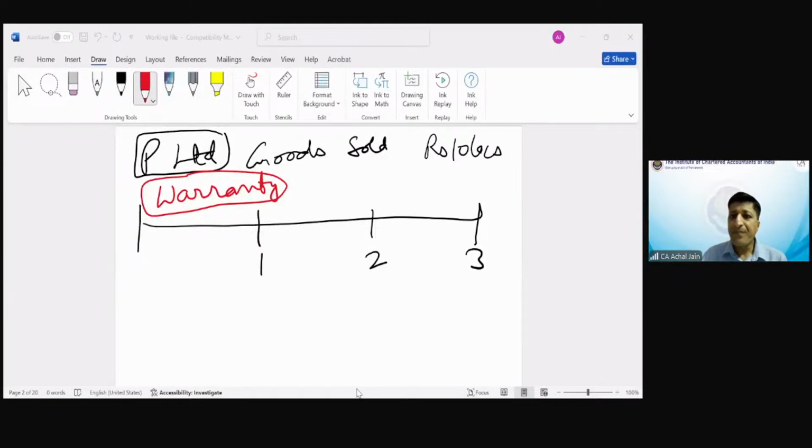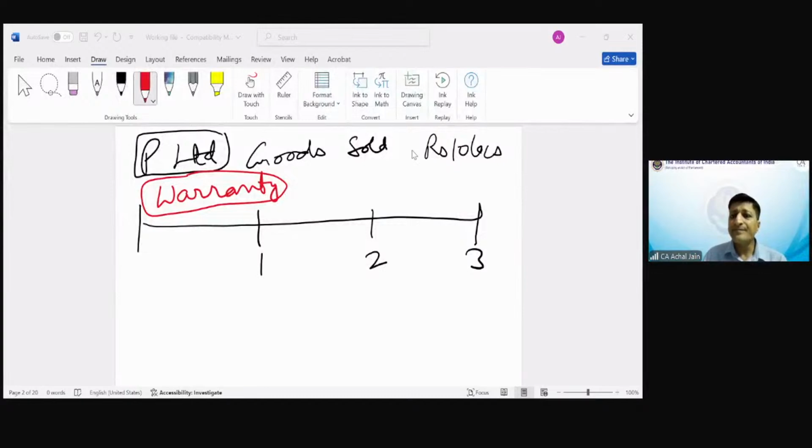Now, in this case, please try to understand what is the obligation that is going to arise on part of P Limited. Can you please explain this? What is the obligation which we are looking at in the given case?